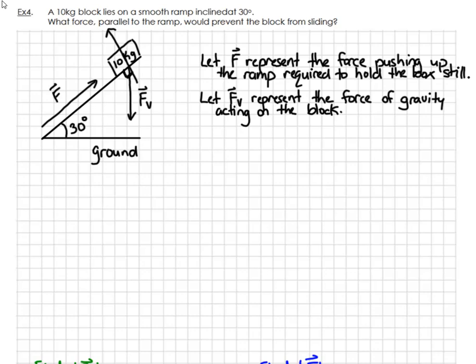Okay, so there are these 3 components, and we have to put them all together. So let's take a look at what this would look like if we decided to make a vector diagram. Okay, so we have a force vector that goes like this in this direction. Then we also have the gravitational force vector, which pulls it down.